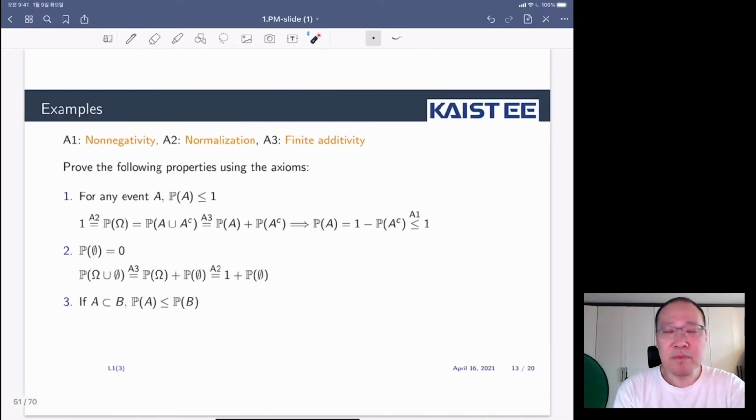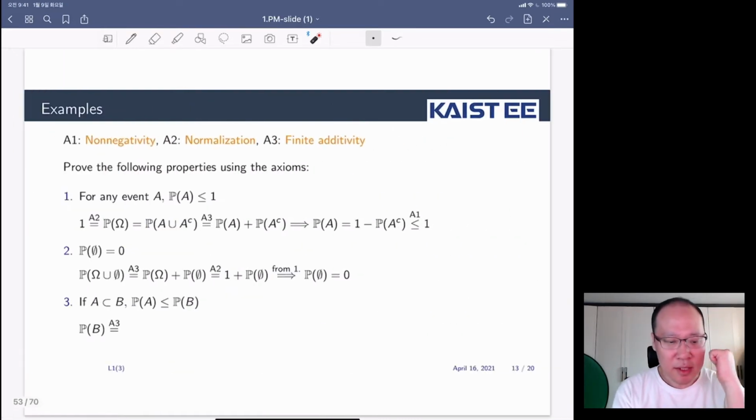And that is equal to 1 plus the probability of the empty set. That means that this probability should be equal to 0. That's coming from the first thing, because from the first property, all probabilities should be less than or equal to 1. So that's why the probability of the empty set should be equal to 0.